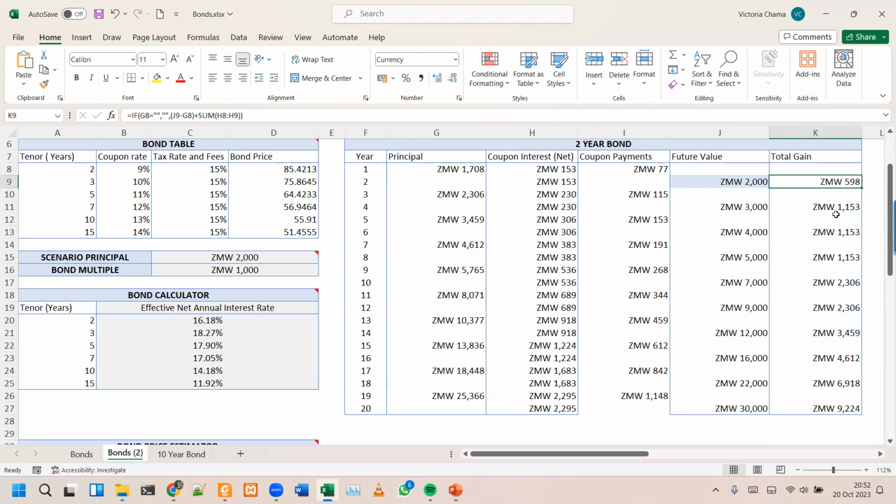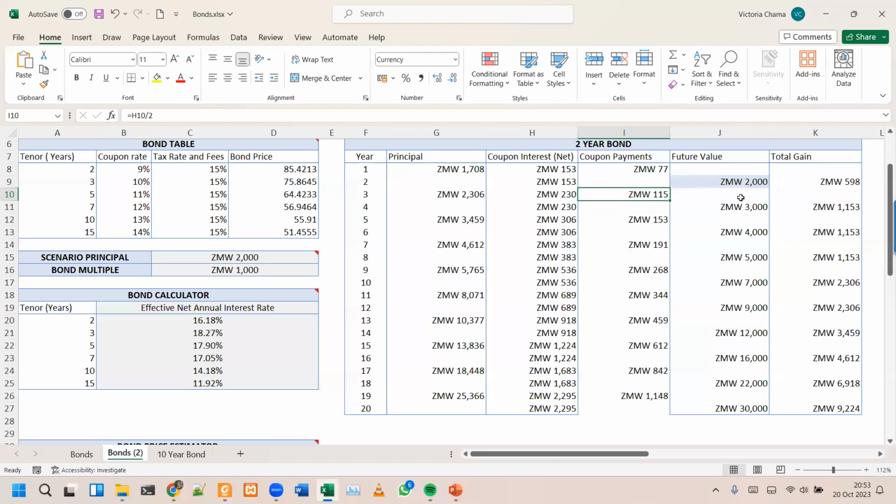And when you get your original investment money back, you now have 2,300. This will be in the third year because it would have matured. And if you put this money back again into a bond, this time your coupon payments increase from 77 to 115 kwacha, provided the bid price is the same and all things are held equal.